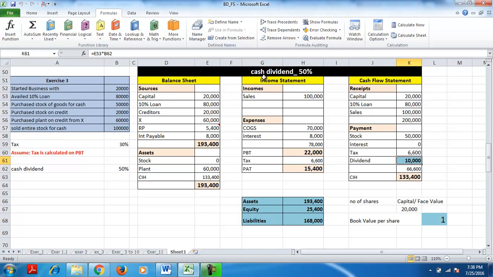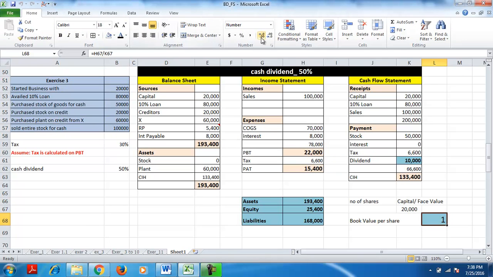So the dividend to be distributed is 50% of the capital. It's not 50% of profit, but 50% of the capital. When I distribute 50% of the capital, the retained profit will be profit minus the dividend. So 15,400 minus 10,000.